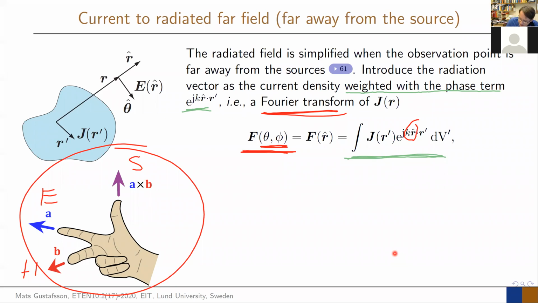And in our case here, this S is proportional to this R hat direction, which means that the power is always propagating away from your antenna. That means that the electric field has to be perpendicular to that one. So we have to add that part. We have to include that part in this.